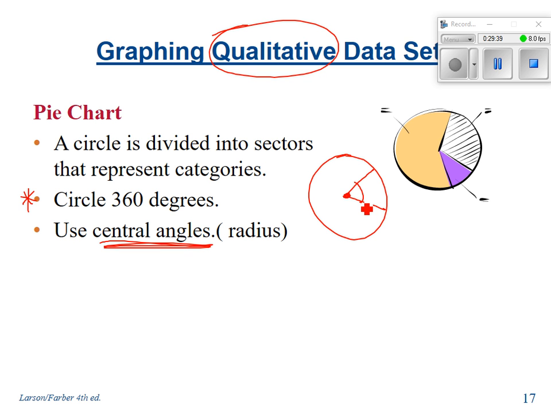And when we have a central angle, we know that this angle and the arc that it cuts off, the part of the circle it cuts off, are always the same. So if this angle is 40 degrees, then that arc has to be 40 degrees. So we could find the distance on the edge of the circle or the angle depending on which is easier.